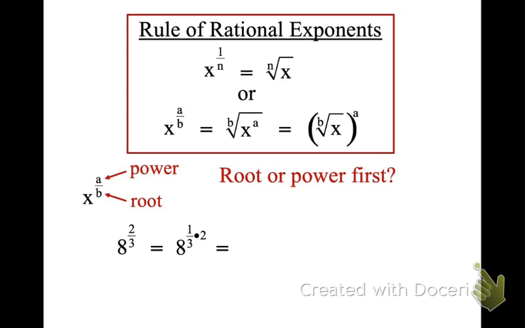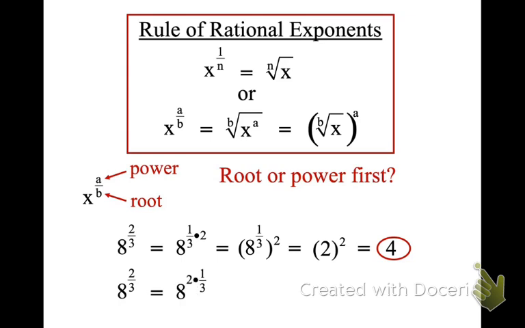I can do to the 1/3 power and then square it. I like to do the cube root and then squared, but we can take the square first. Let me show you what I'm talking about.